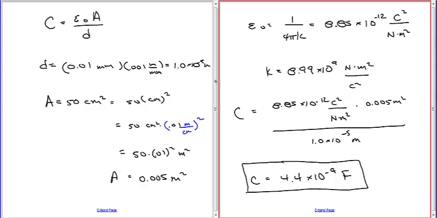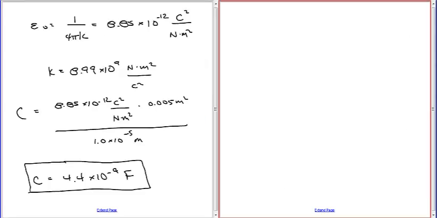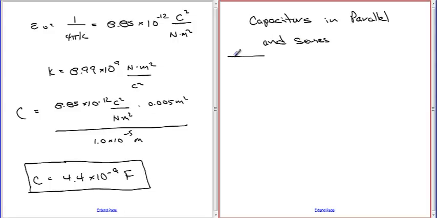Okay, so I'll probably give you a problem where you have to make these calculations. Then you're going to have one, or these are all possibilities. I may not put everything on here, but capacitors in parallel and series. We did that in class, so you can look at that handout.